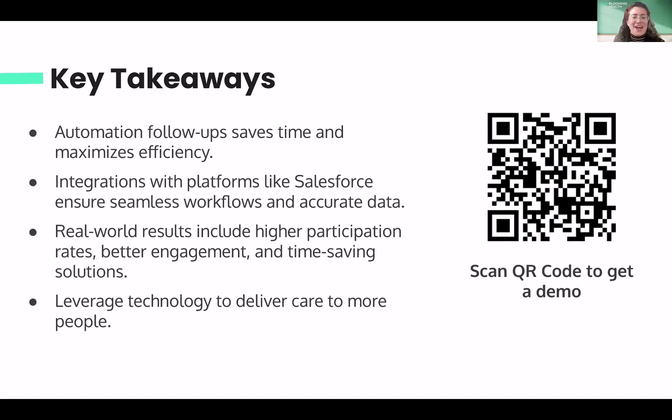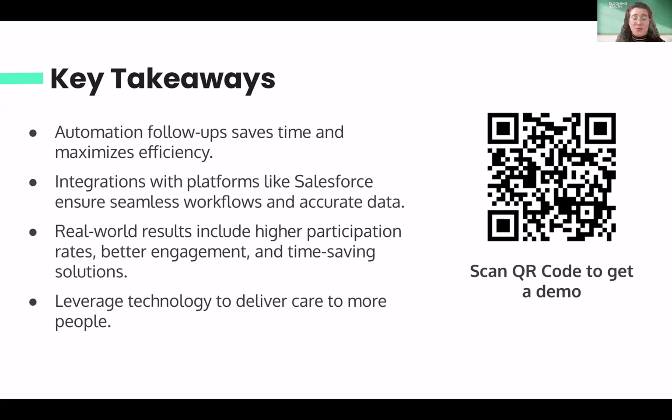Thanks, gang. I just want to say thank you so much to Naman and Rishab for walking us through all of that today. I'm just going to go over the few key things that we covered today and wrap us up. Automation is here to save your team time and increase your efficiency.